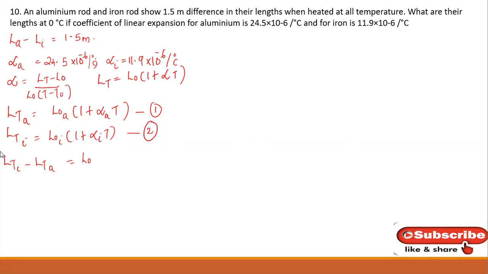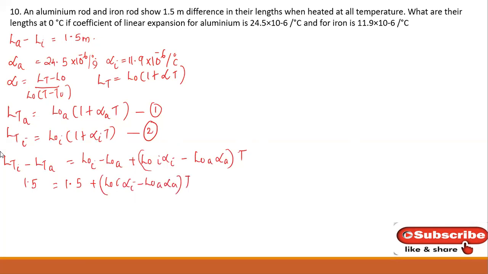So the first term will be L0I minus L0A, plus L0I alpha I minus L0A alpha A, T is common, into T. The difference in length of aluminum and iron rod is given as 1.5 at any temperature. So 1.5 is equal to 1.5 plus L0I alpha I minus L0A alpha A into T.